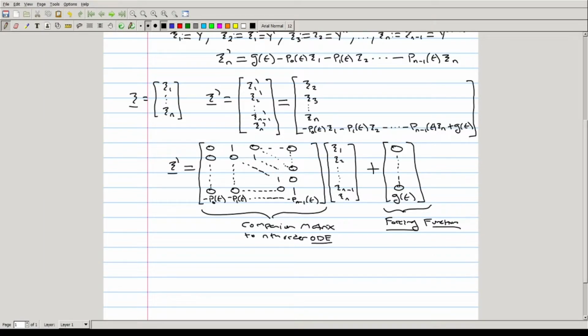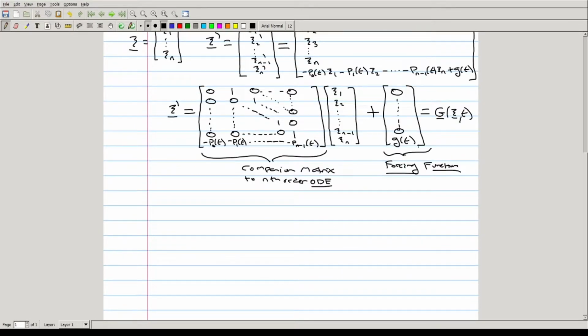But the main idea here is that this is, in general, our vector function of xi and t, which is, in general, a non-autonomous system of first-order differential equations.